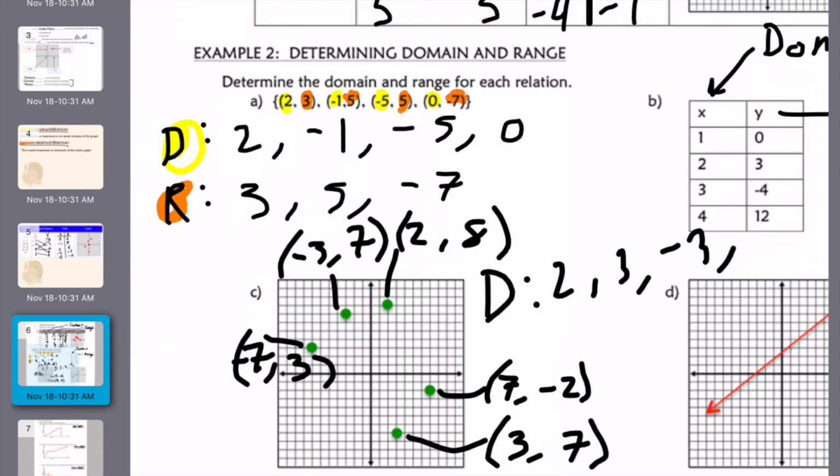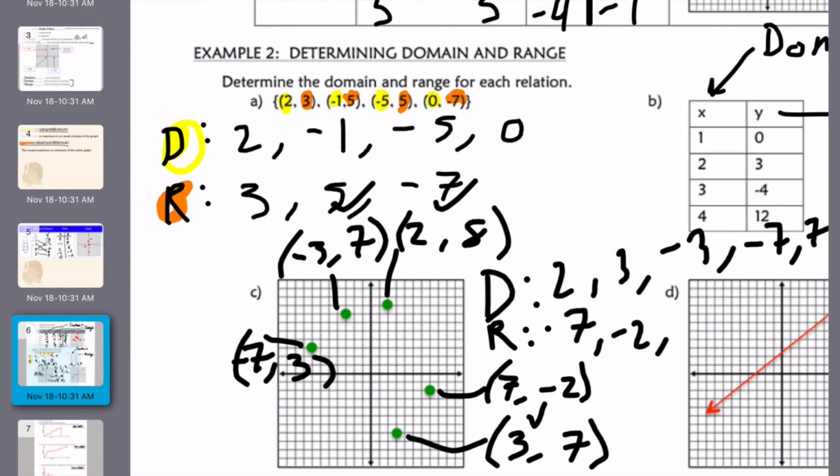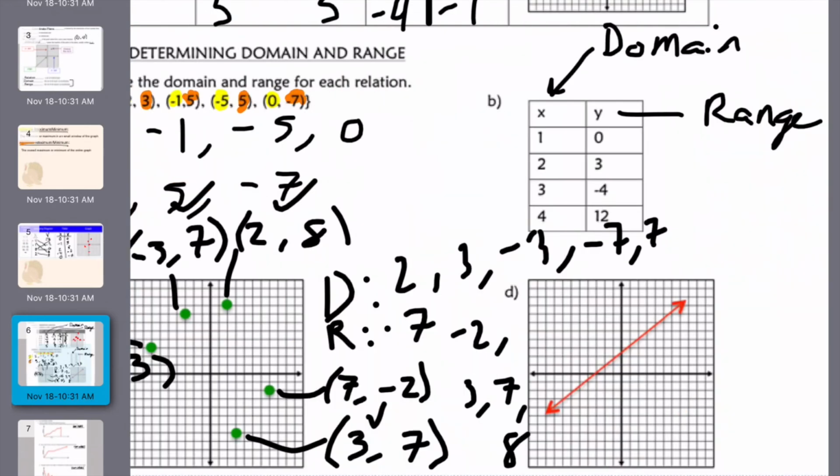So let's see, I'm just going to go through and check mark 2, 3, -3, -7, and 7. And then my range is going to be -7, -2, 3, 7, and 8.